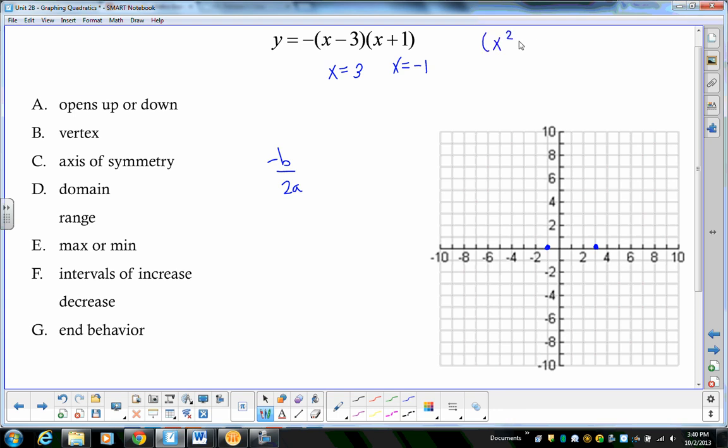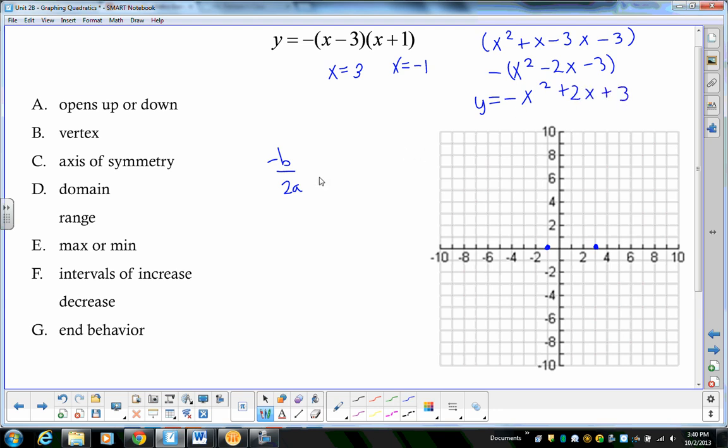I'm going to multiply it. So I'll have something that looks like this. Then I can combine like terms. And then I'm going to actually multiply this negative sign. So I end up with y equals -x squared plus 2x plus 3.